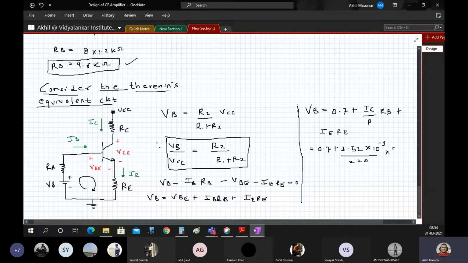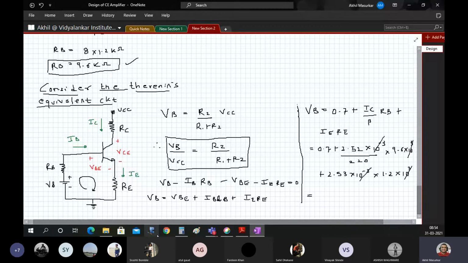Just now we calculated. 9.6 into 10 raised to 3 plus 2.53 into 10 raised to minus 3, that is the value of IE, into RE is 1.2 into 10 raised to 3. So this and this cancels out actually, and what we are left with is simply, so tell me the value of VB. So I think the value of VB comes out to 3.84 volts.